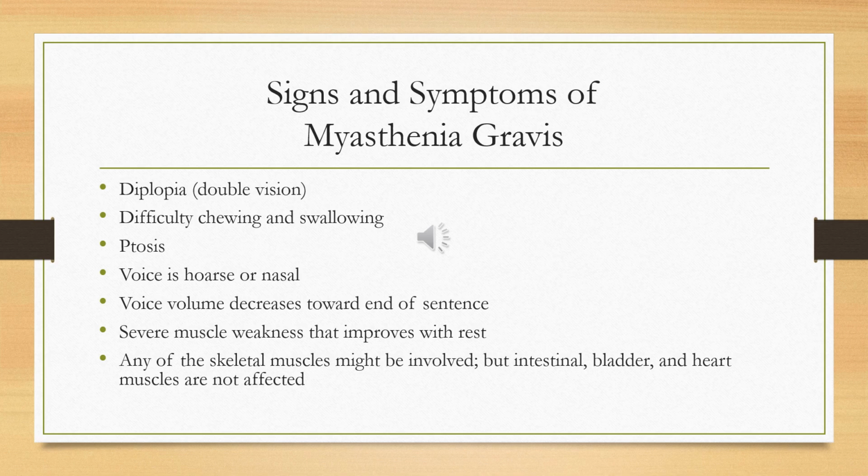They might have difficulty chewing and swallowing, a bobbing motion of their head, symptoms of respiratory failure if the respiratory muscles are involved. Their voice might be hoarse or nasal. Voice volume decreases toward the end of their sentence. So all these are some signs of myasthenia gravis.